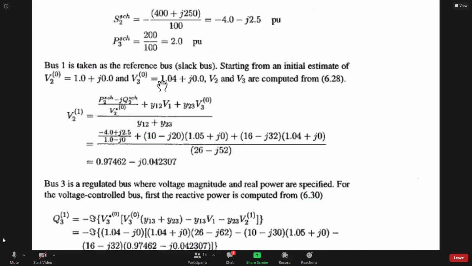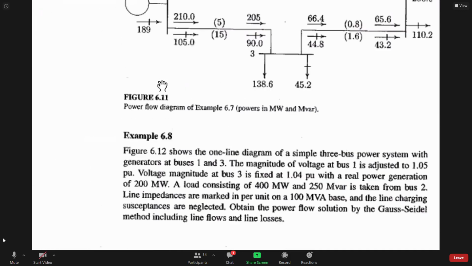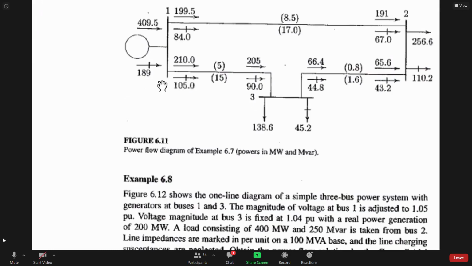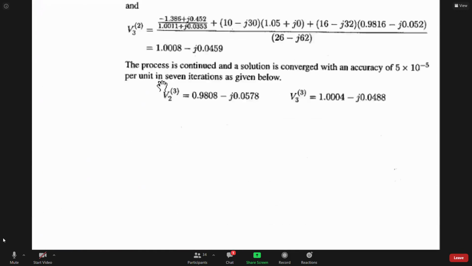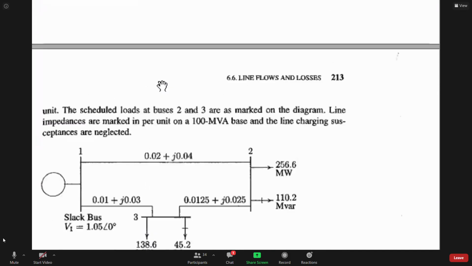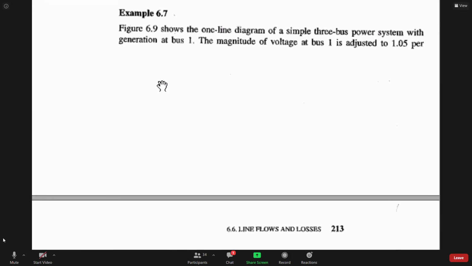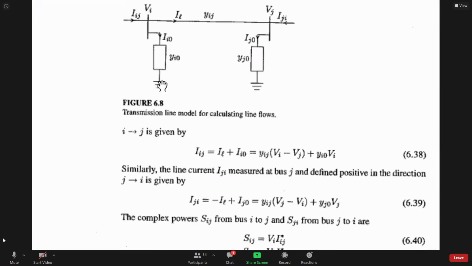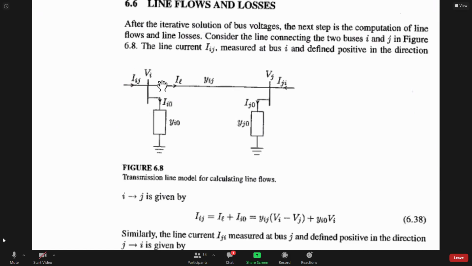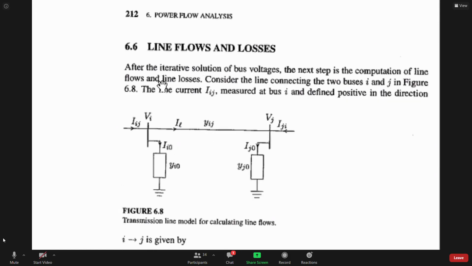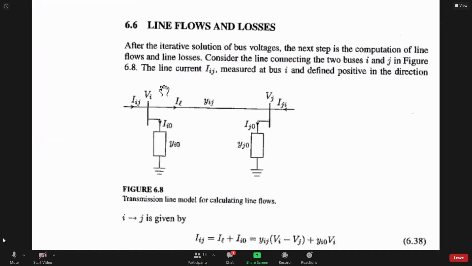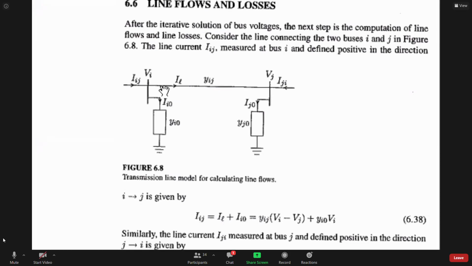What is the number of the problem? Example 6.8, as well as the earlier problem discussed before, 6.7. Solve 6.7 and 6.8 from the Hadi Saadat book to get a clear idea regarding load flow solution. When you try to solve those problems, you might face the time management aspect, how to address time management during the exam.